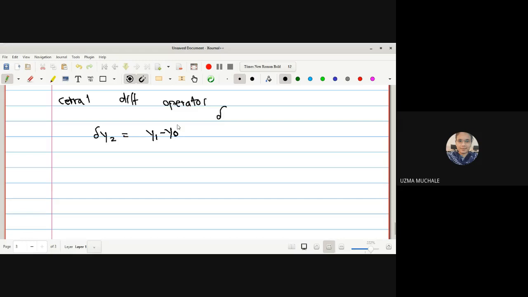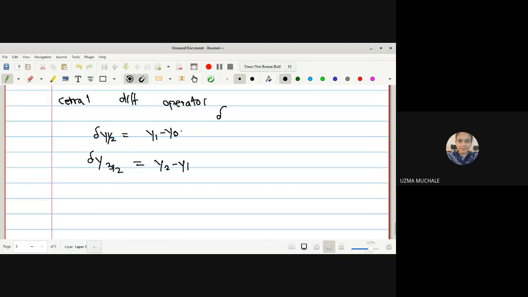Again the value y1 minus y0 is the same, but the notation is the central difference operator y1 half. Okay, y half, and this delta y3 by 2 is y2 minus y1. Again the values are the same, you can see.